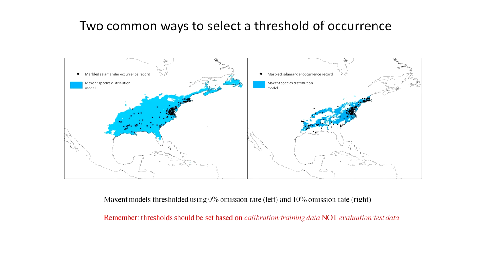Another approach would be to say, well, let's actually allow some of our points to be omitted from the prediction. So we might say, in this case, we've got a 10% omission rate on your right as you're looking at it. So that's setting a threshold where we shrink the distribution down until we are leaving out 10% of our records. We talked yesterday about different types of data.